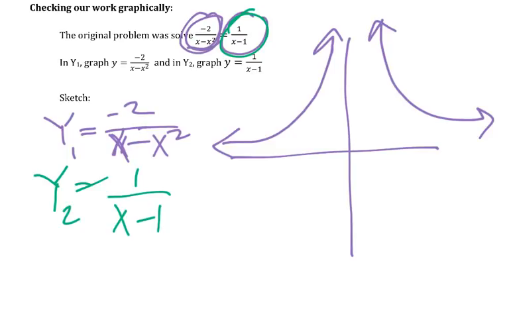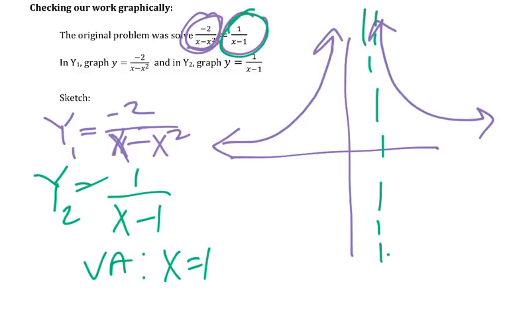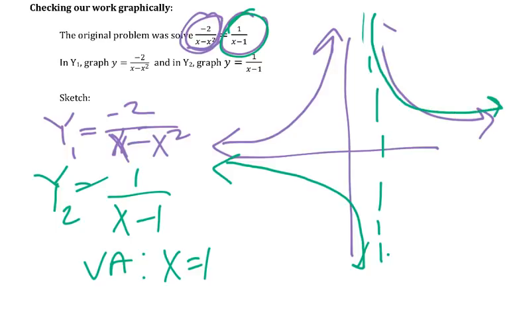Now, from what we know about rational equations, there's going to be a vertical asymptote at x equals 1. So I'm going to put in just a little bit of a dashed line here. Okay, so when I graph this on my calculator, I get something that looks like this. And then the second equation comes below and crosses over like this.